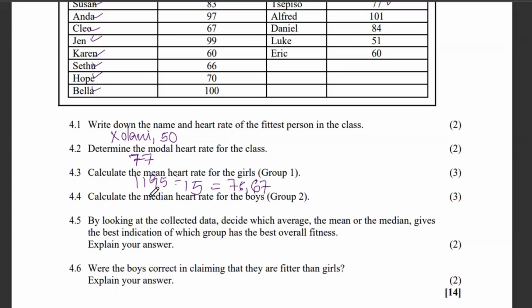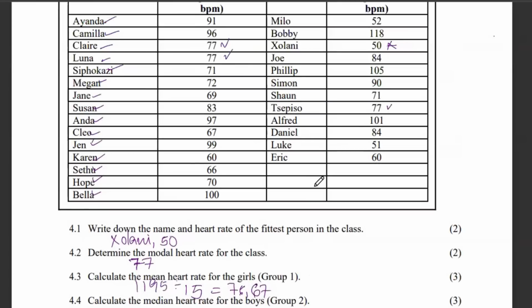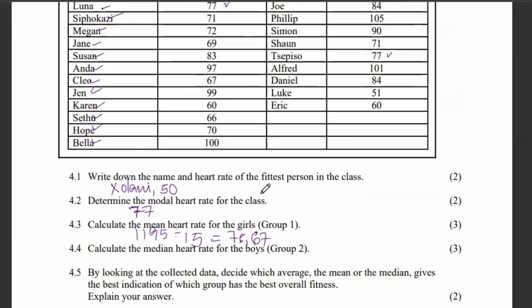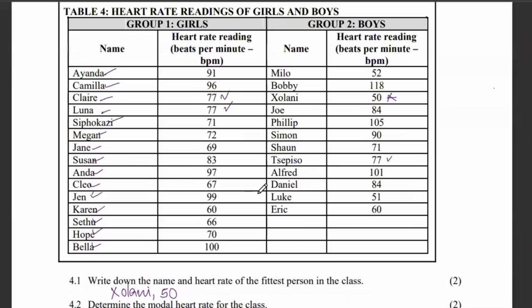Okay, the median height of boys, we need to know the middle number. First and foremost, you need to rearrange those numbers, starting with the smallest, which is 50.